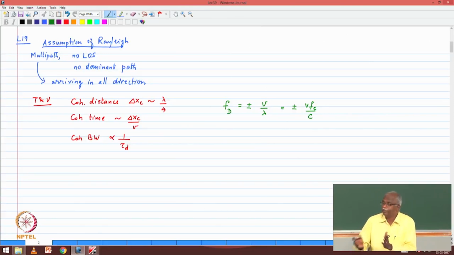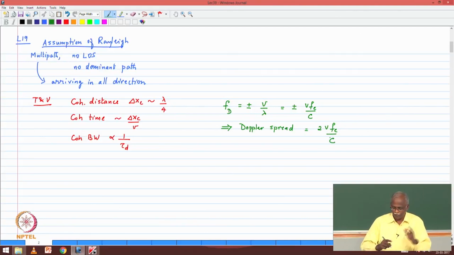So for any carrier frequency we can assume the maximum Doppler, and based on the angle between the direction of propagation and the direction of motion, you get this Doppler times cosine of the angle. The maximum Doppler spread, or the maximum range of frequencies that we can expect in a fading channel, turns out to be 2 times Vfc divided by c, or 2 times the maximum Doppler, because it can go all the way from minus Fd to plus Fd.